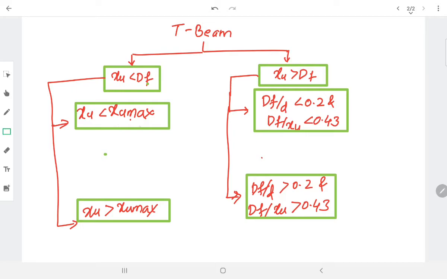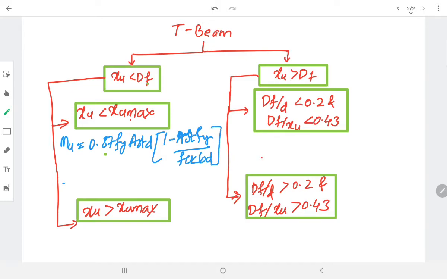If xu is less than xu max, I will be going for the equation, that is mu is equal to 0.87 fy ast into bracket d minus, bracket 1 minus ast fy divided by fck bd. This equation will be used to calculate if xu is less than xu max.